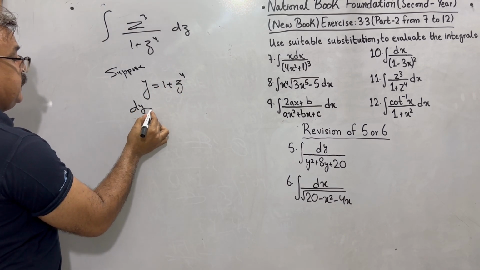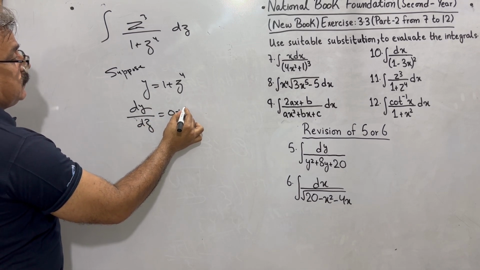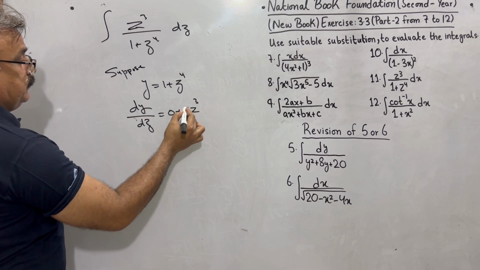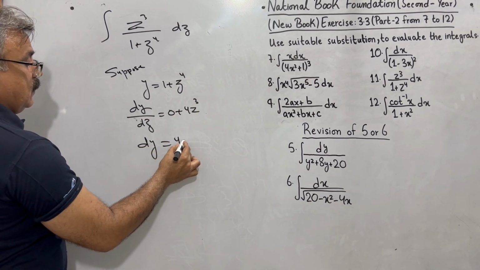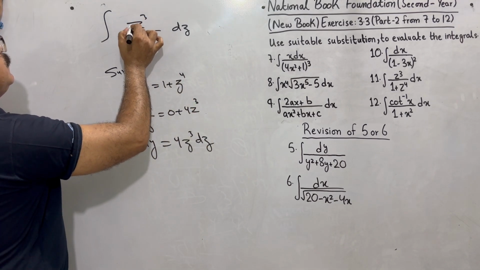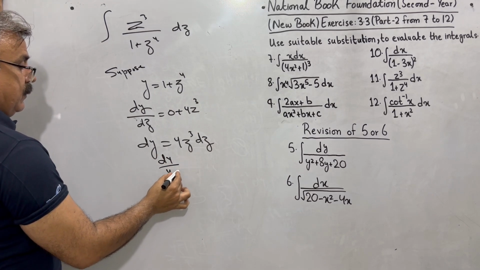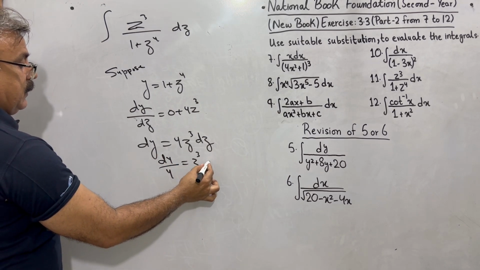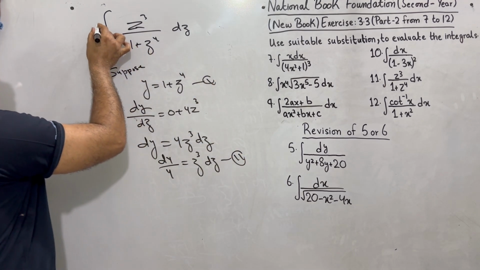Differentiating with respect to z, dy over dz: 1 is 0, z4 means 4z cube. Shift dz here, dy is equal to 4z cube dz. We are interested in the value of z cube dz. Shift 4 here. Dy over 4 is equal to z cube dz. That's number 2. That's number 1.